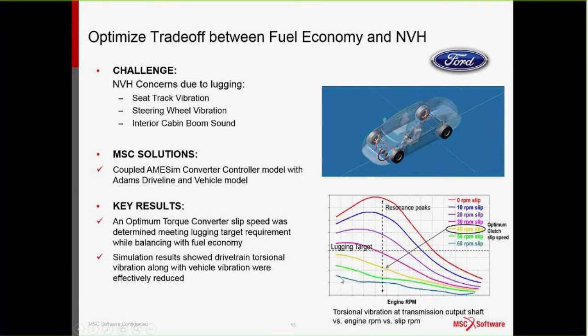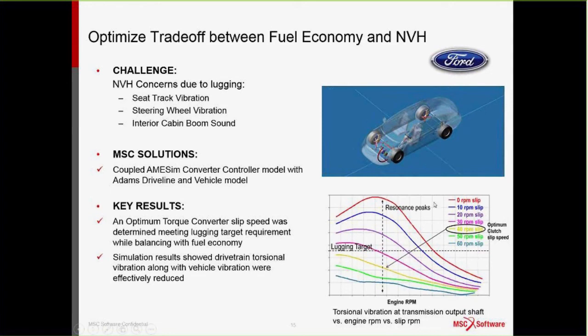For every slip RPM, we study the vehicle performance across a broad range of different engine RPM. And each line here with different colors represents the vehicle performance at a certain slip RPM. And as we see, the lower the slip RPM of the torque converter, the worse the NVH performance.